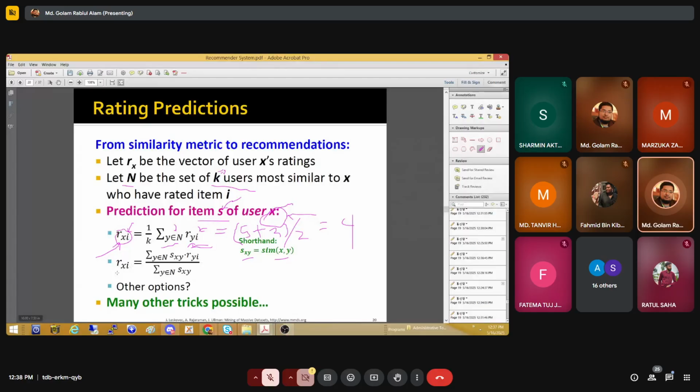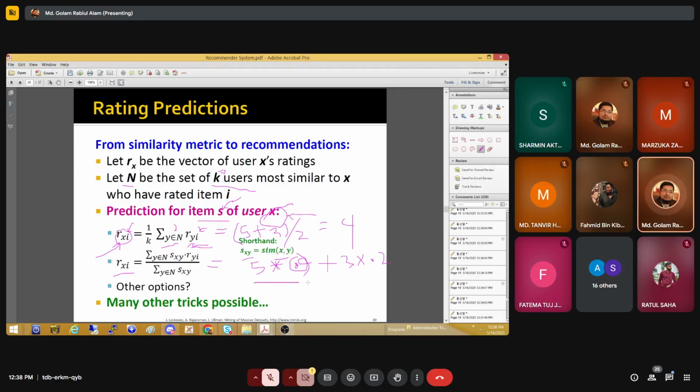Similarly, if we think about our weighted method, instead of just averaging, we also want to consider the weight. In that case, we take the 5 times the similarity between A and B, maybe the similarity is 0.9, plus 3 times the similarity between A and D, which we can consider as just 0.2.